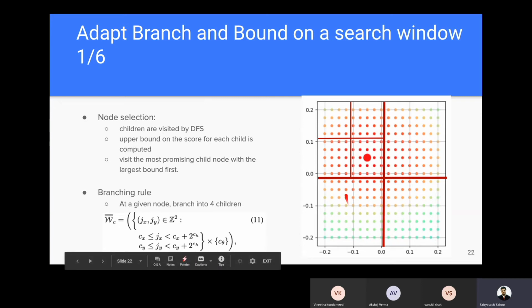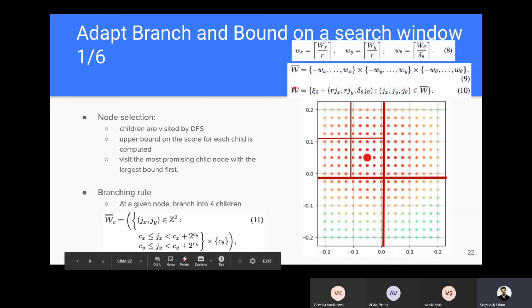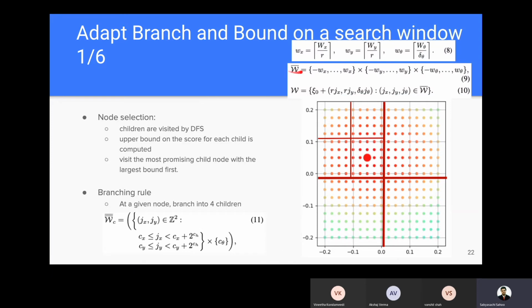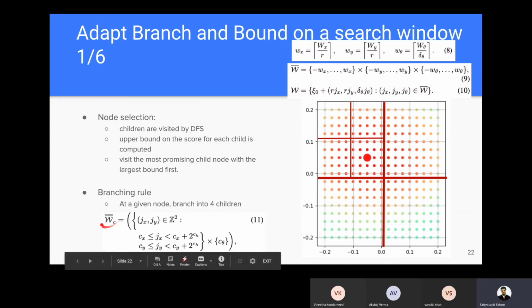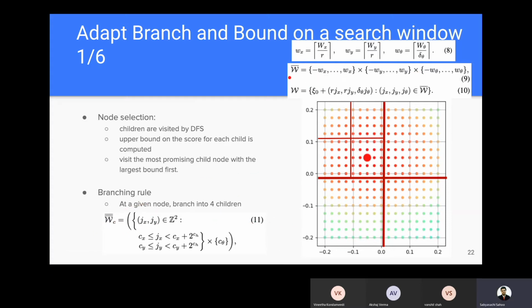At the finest level, that is at the leaf node, your WC double bar ends up becoming the finer resolution grid. You would remember seeing this, the W bar, that is the -10 to 10. So at the last leaf level, your grid becomes this, that is W bar.